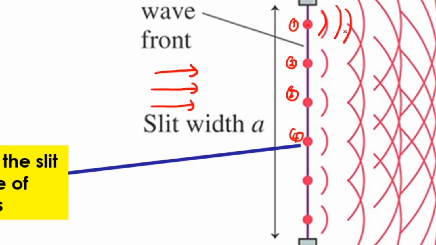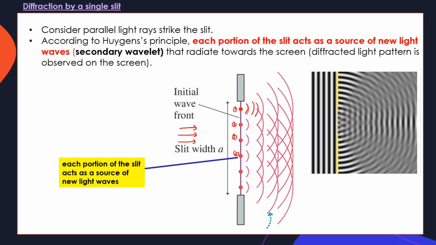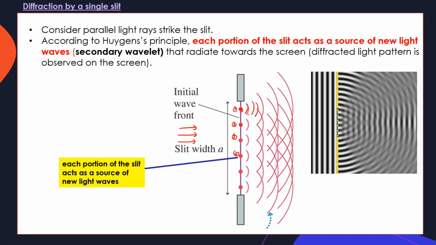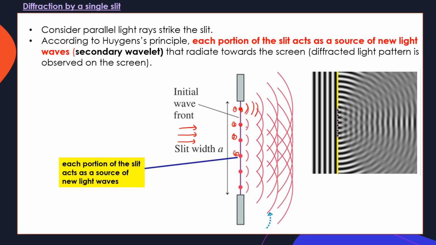Alright, in this direction. Therefore, the light from one portion here, let's say portion 1 and portion 2, the light from one portion of the slit can interfere with light from another portion. Okay, for example, the light from this first portion will interfere with the light from the second portion.